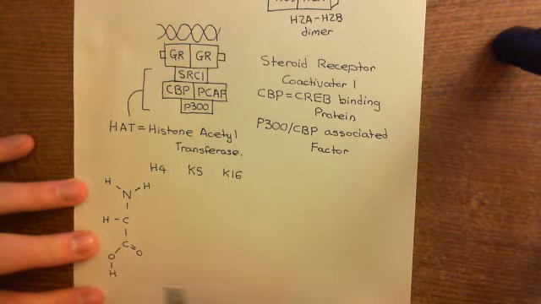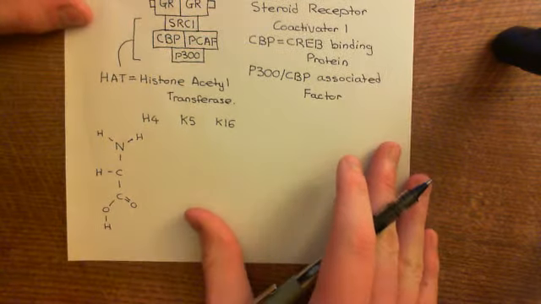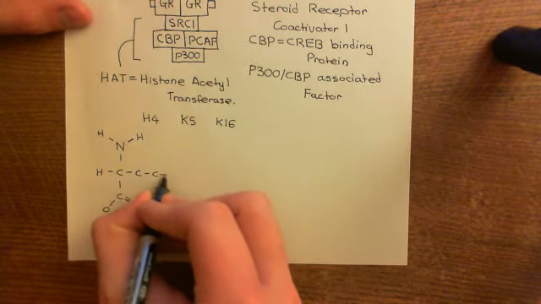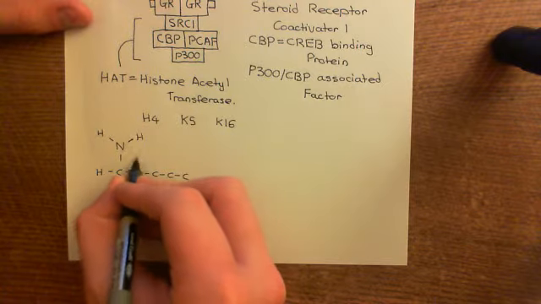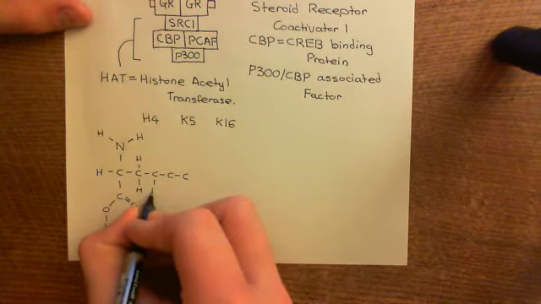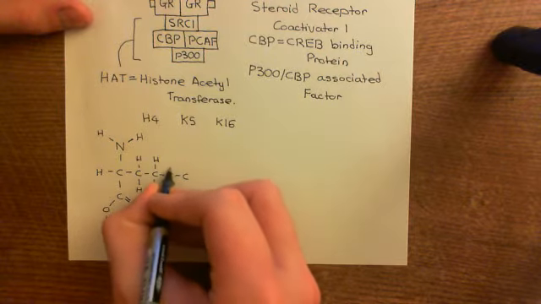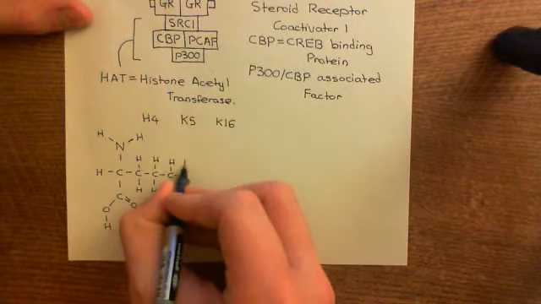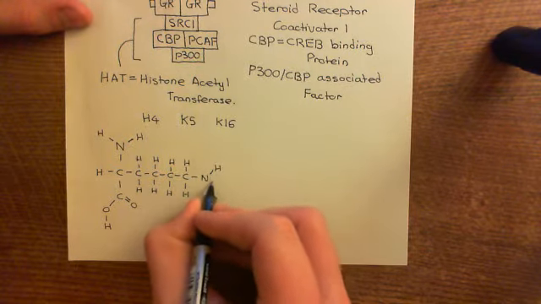The R group for lysine consists of four methylene groups, which means the carbons all have two hydrogens coming off. And then the final group on the end of these four methylene groups is an amino group.